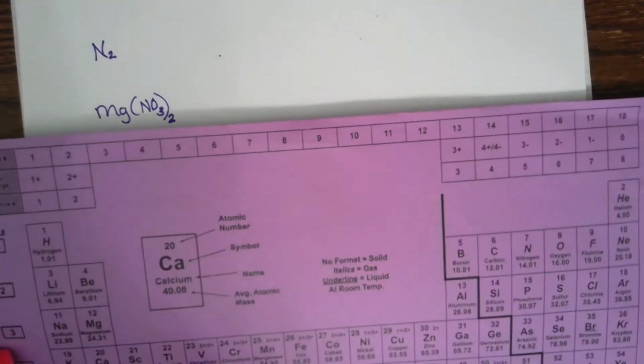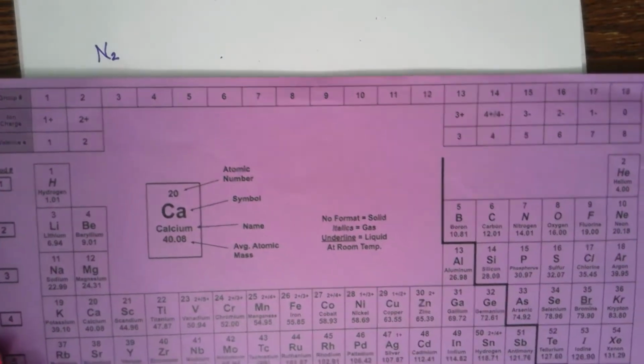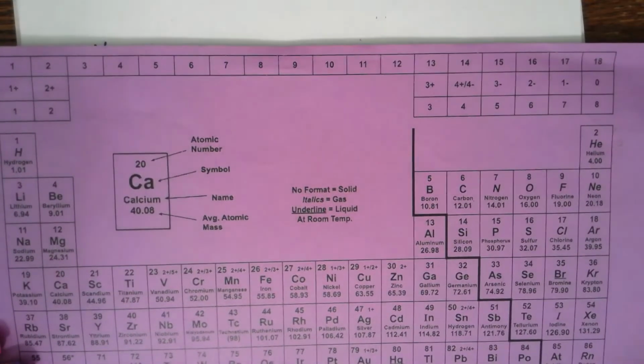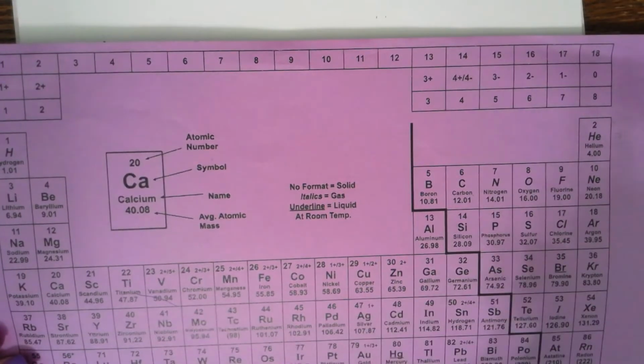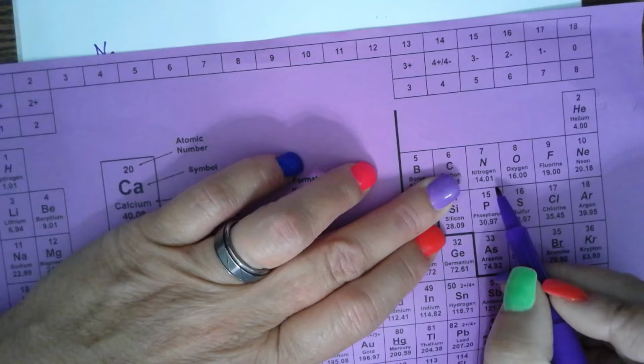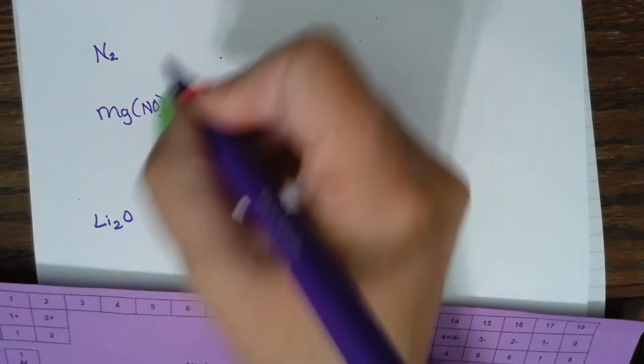So the first one that we want to do is N2. What we've got to know is when we're doing molar mass, we come to the periodic table. If we're looking for the molar mass of N2, nitrogen has a molar mass of 14.01. So let's write this down.